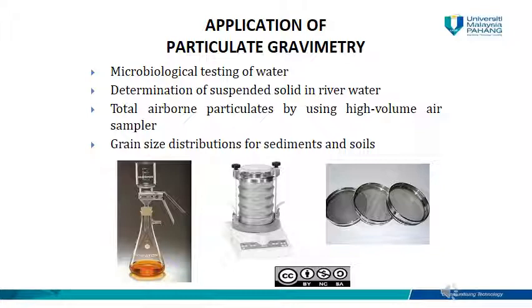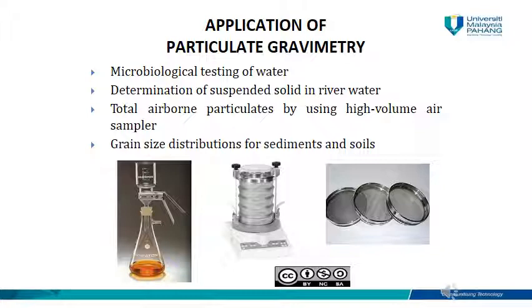For water quality parameters, it is required to know how much suspended solid might be contained in the water body, so they can use the gravimetry method to determine the total suspended solids in the water body.